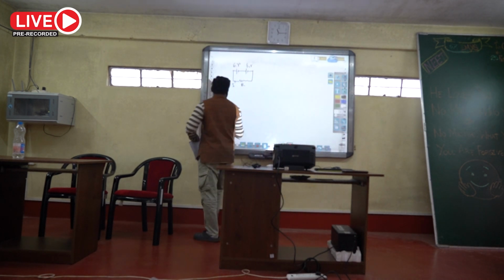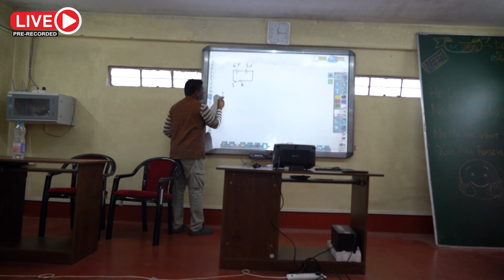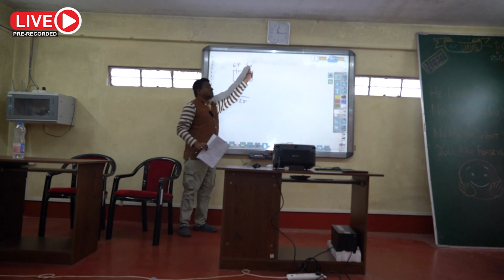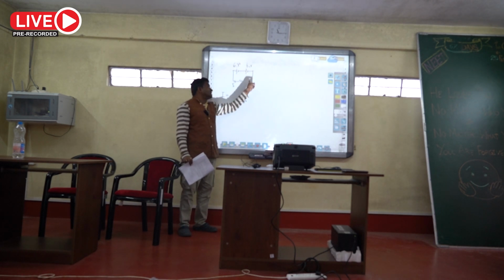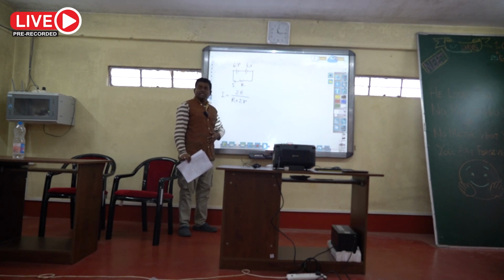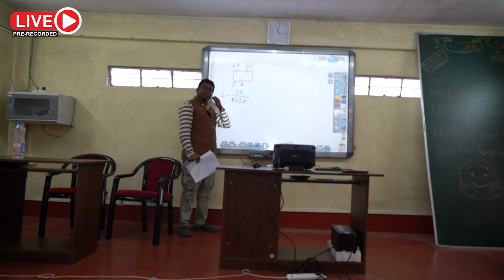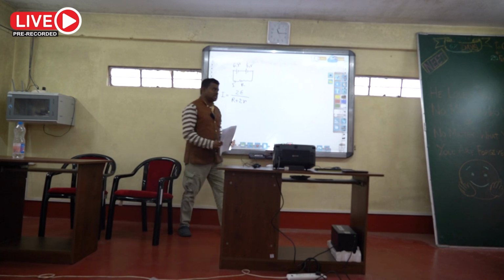So in the first case, I can write I equal to 2E divided by R plus 2r. Because two internal resistances are connected in series, and internal resistance and external resistance are also connected in series. So total resistance will be R plus 2r, total EMF will be 2E. So this is I in the first case.